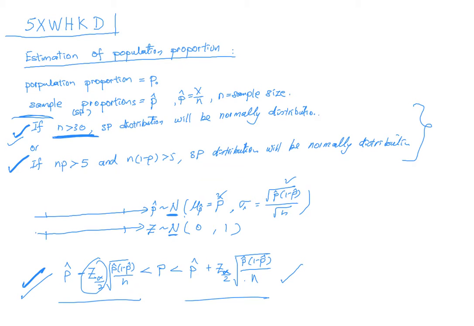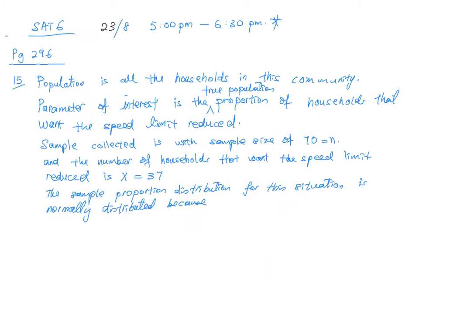So when you write your report, you are writing like that. The sample proportion distribution for this situation is normally distributed because n is equal to 70, which is greater than 30. So according to CLT, then you write down there. Are you okay? So if it's normally distributed, then we can use this formula.